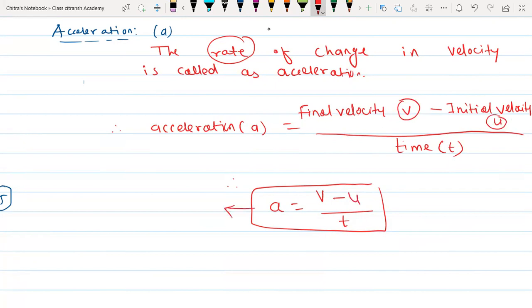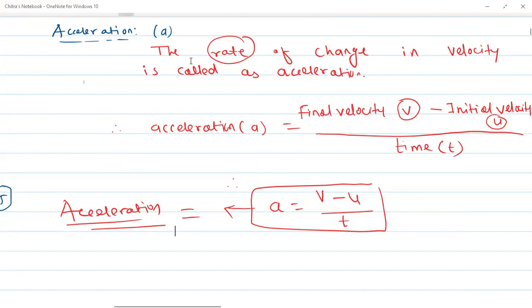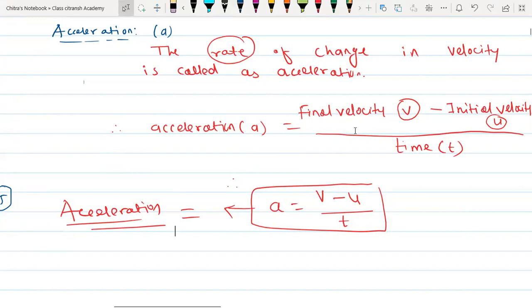Understood? This is the formula for acceleration. Understood, everyone? Yes, sir. Okay, so take a screenshot. Done.